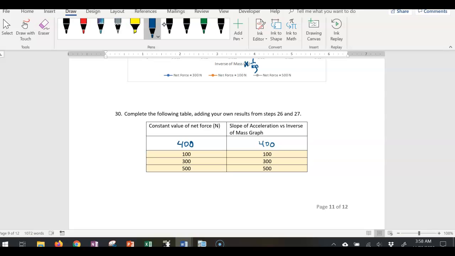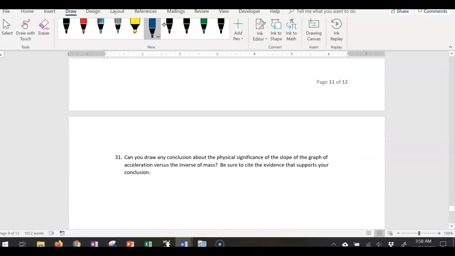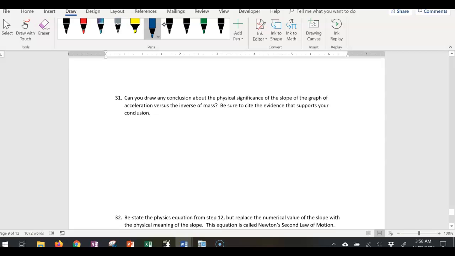And so isn't this cool? In every case, when this experiment was repeated, the slope of the acceleration versus the inverse of mass graph equals the value of net force that was the constant in that experiment. And so we can draw some conclusions about the physical significance of the slope, right?